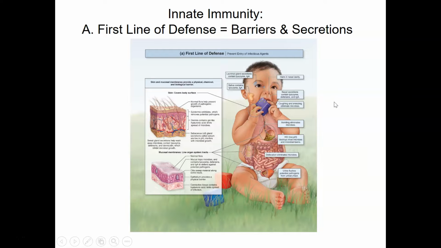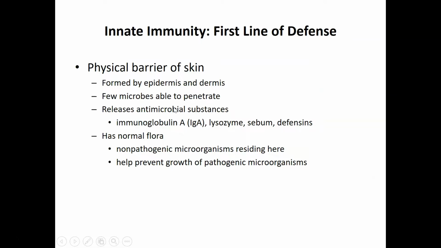Any of these secretions from the skin or the mucosal membranes that help to protect the body are considered part of the first line of defense. The first line of defense is designed, I guess you could say, to keep stuff out, to prevent internalization of a pathogen. For the skin, the dermis and the epidermis make a very difficult barrier to penetrate.